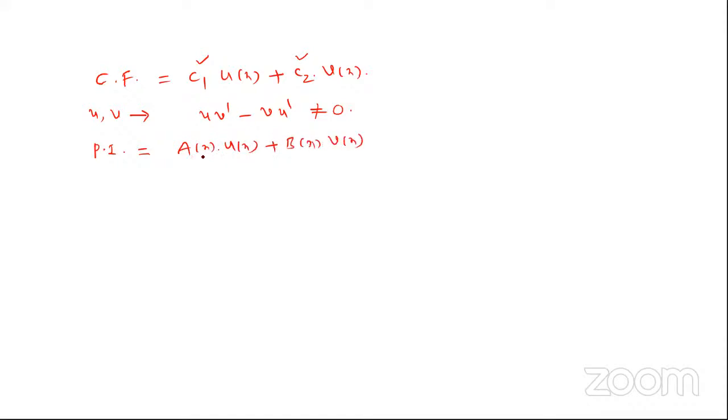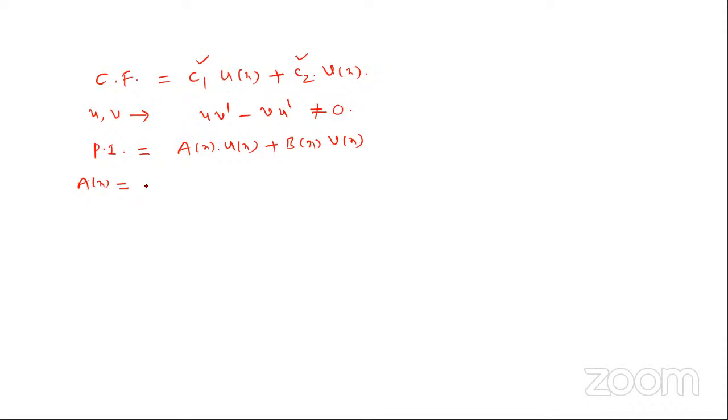What is the meaning of a of x? A is a function of x, and b is also a function of the independent variable x. Already we know that u and v are functions of x. But how do we determine the values of a of x and b of x? We determine them like this.